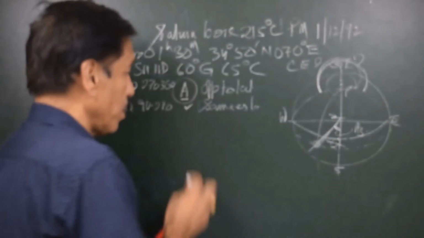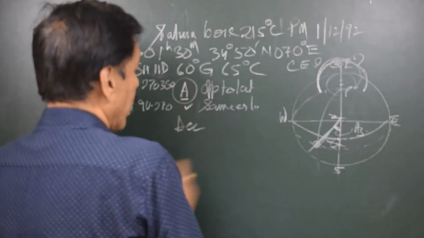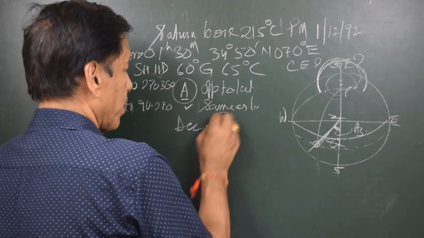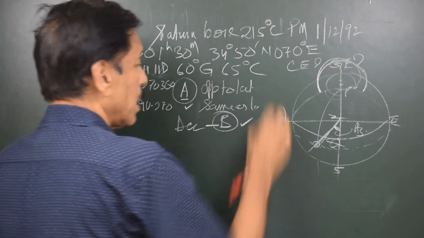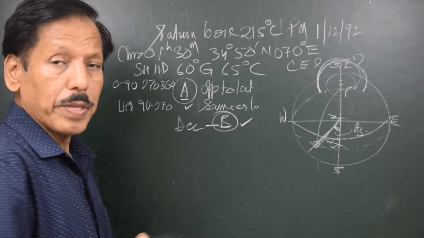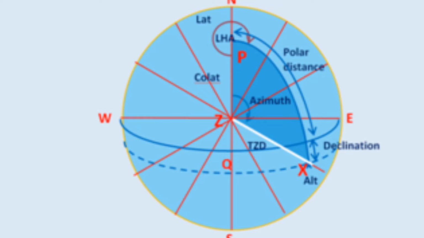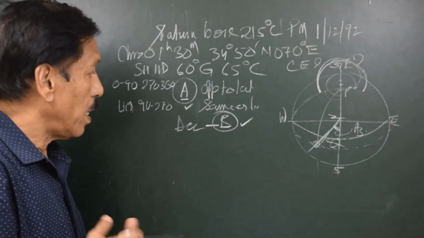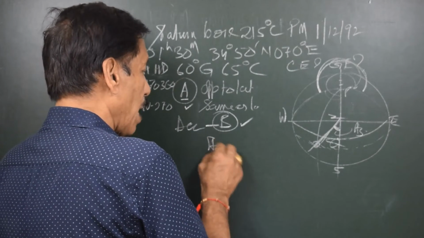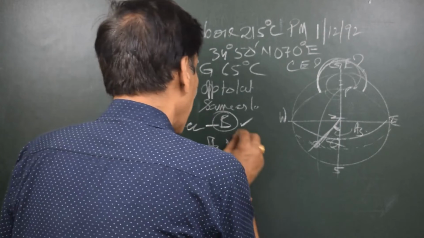Now declination, whatever is the name of declination, B will get the same name. So B is named same as declination. So we will have an algebraic kind of sum of A and B. So the resultant value, if it is north, that means if north is dominating, then the azimuth will have a northerly name, right?